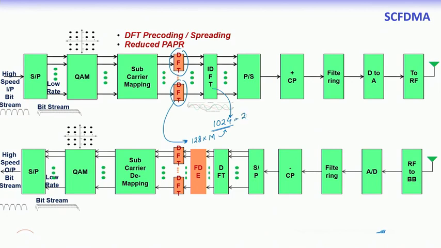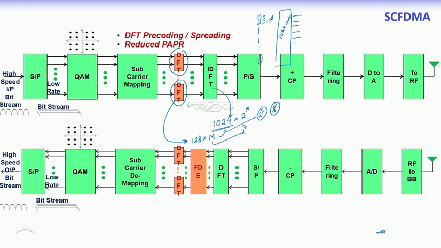So, if this is 2 to the power of 10, this is 2 to the power of 7. So, we have 2 to the power of 3, that is 8, such DFT operations happening, as if 1, 2, 3 up to 8 such DFT operations, each one producing a 128 point output, and all of these feed into a 1024 point IFFT operation afterwards.